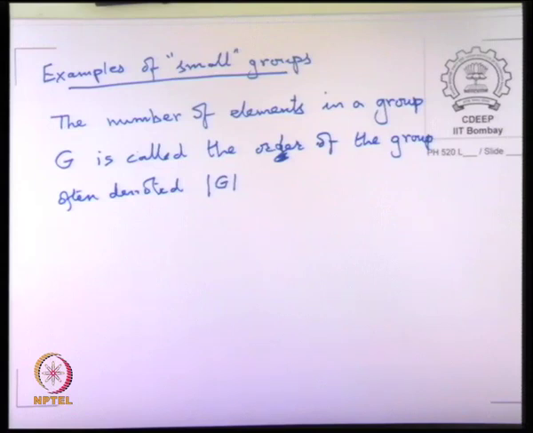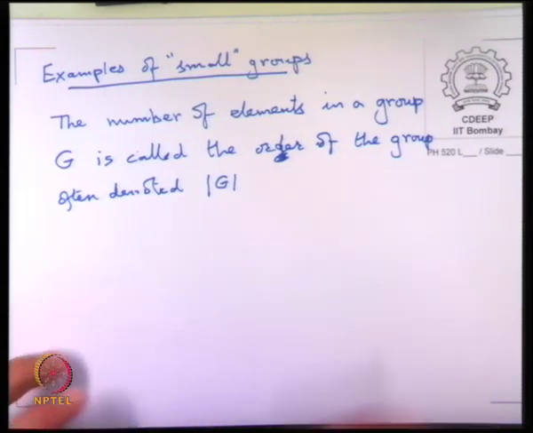If we explicitly know the number of elements, we may just write n or whatever the number is, but if not and we are discussing generalities, then we may just write this. So this is called order of the group.